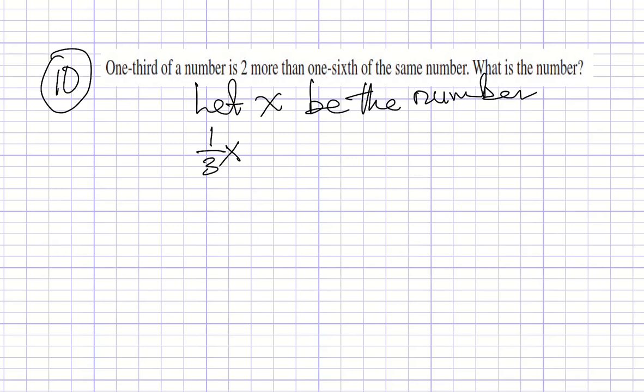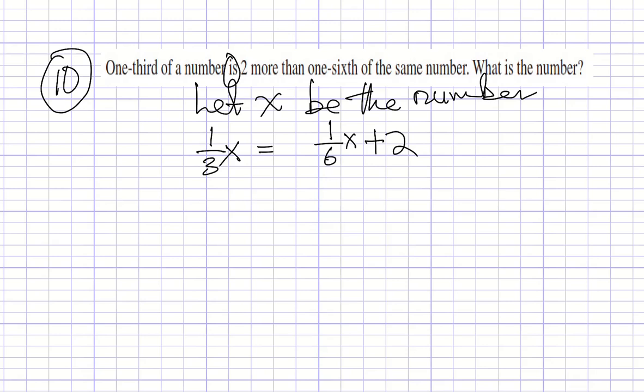It says 2 more than 1/6 of the number, and "is" means equals. So it equals 2 more than 1/6. It's a little bit tongue twisting, but it's okay.